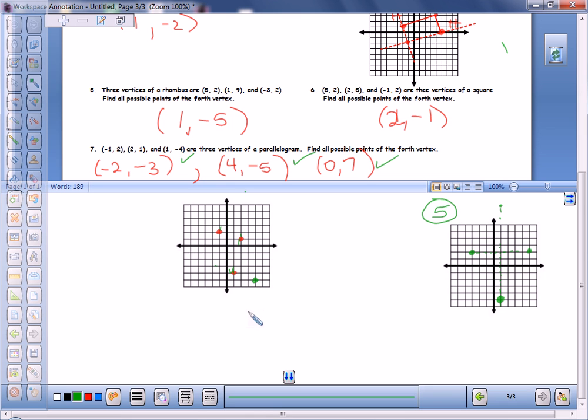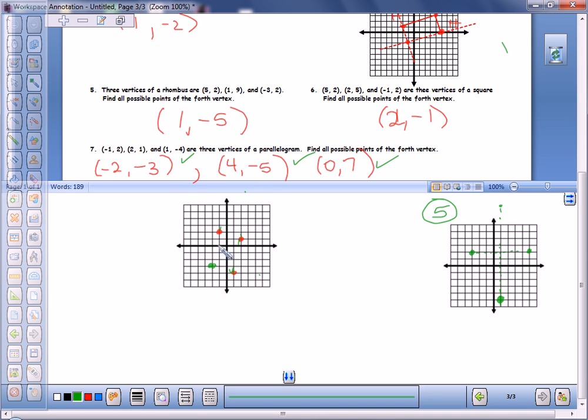Yes, that is the 4, -5. Okay, to go from this one to this one, do I go up 1 and right 3? I'd say so. So from here, I could go up 1 and right 1, 2, 3. That's a parallelogram. Okay, that gives us this one.